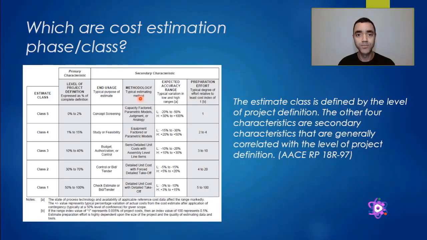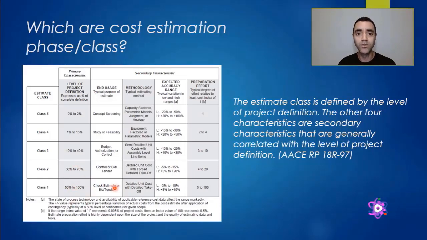As the project proceeds and we have more information and engineering documentation is issued during the project, we can have a higher accuracy in the cost estimation. So when we go from class 5 to class 1, now we have around 50% to 100% definition of the project.